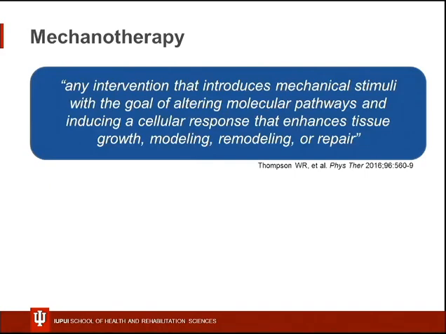So we've built on that, and Alex Scott was one of the co-authors on this paper, and basically, the definition that we're using is tying in the different components of mechanotransduction and the tissue-level processes, but it's introducing mechanical stimuli with the goal of altering the molecular pathways to get a cellular response to change those tissue-level processes, whether it be growth, remodeling, modeling, or repair.